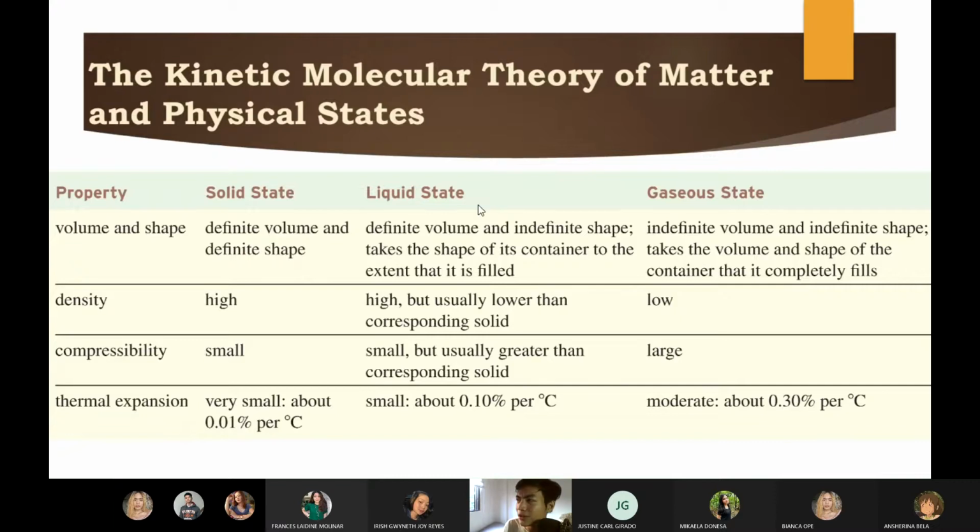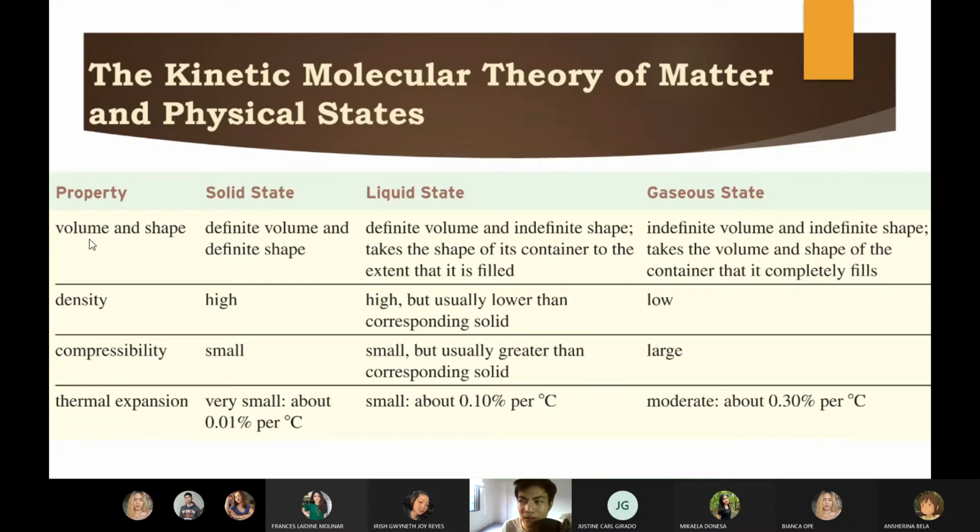In terms of volume and shape, it doesn't have a defined volume and shape as it assumes the container shape, no? So, ibig sabihin yung gas natin, yung volume niya pati shape niya, that's variable, no? Parang naikifit lang siya kung saan mo siya ilagay compared to liquids and solids, no?